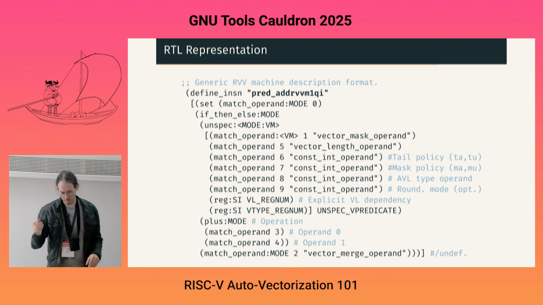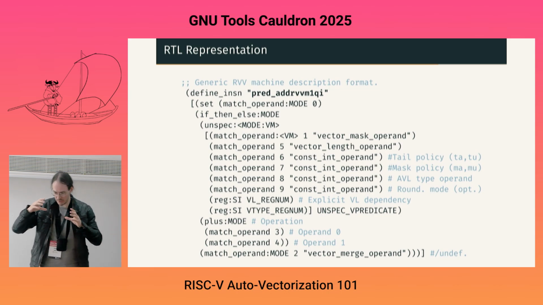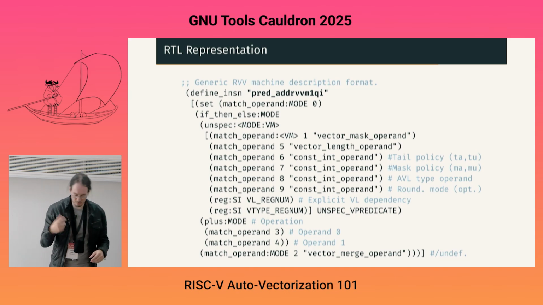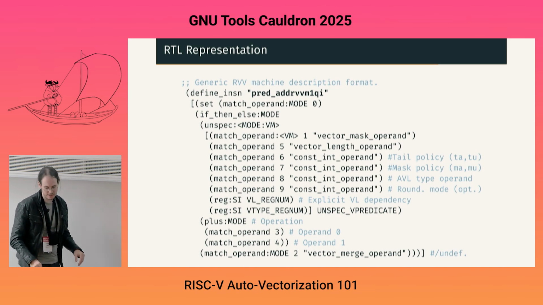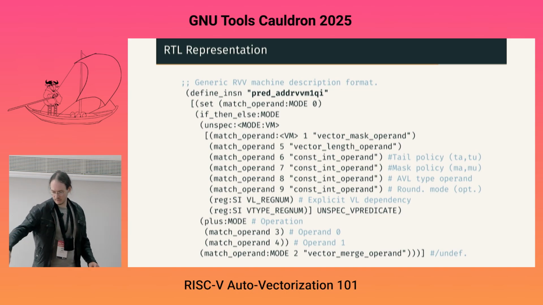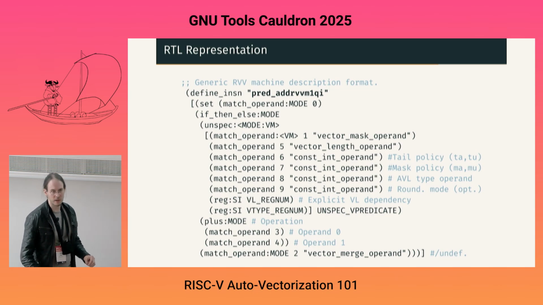I just wanted to recap quickly, but basically we have a big unspec there. That's the condition of our if-then-else. That includes the vector length, the mask, all the tail policies, and some other needed boilerplate. And finally then the last like 3 or 4 lines are the actual operation.